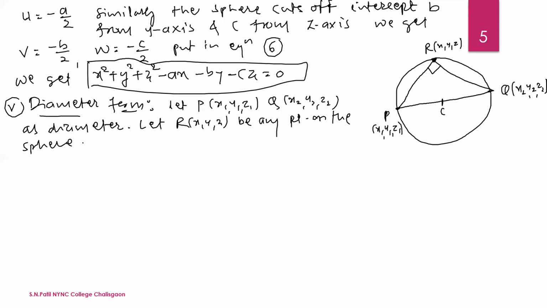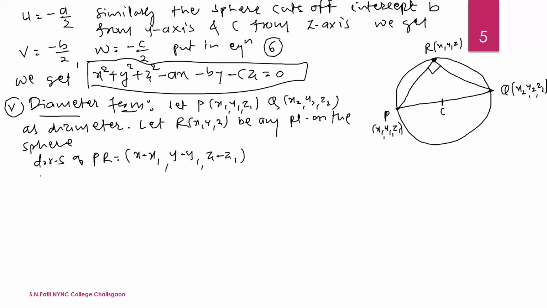So here we use the direction ratios. The DRs of PR are x minus x1, y minus y1, z minus z1.